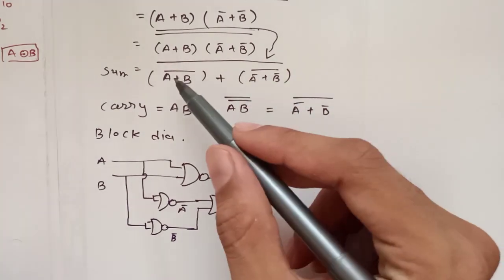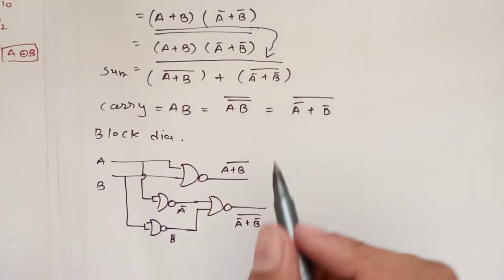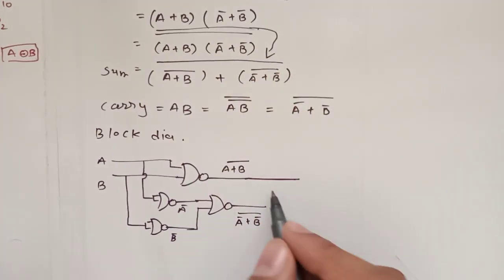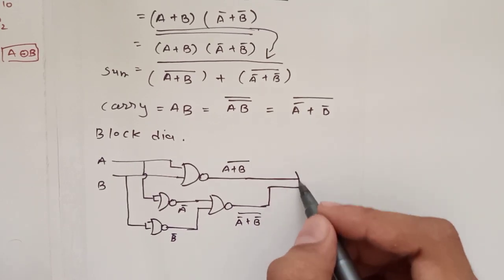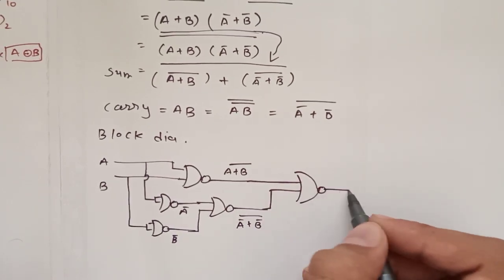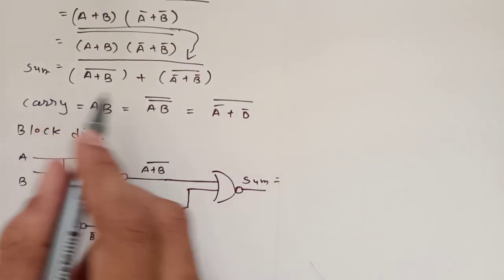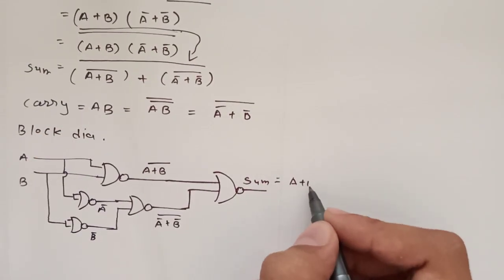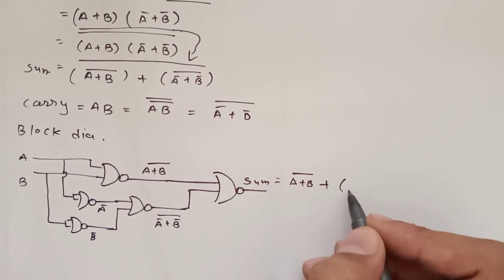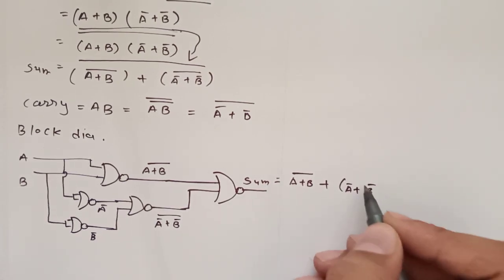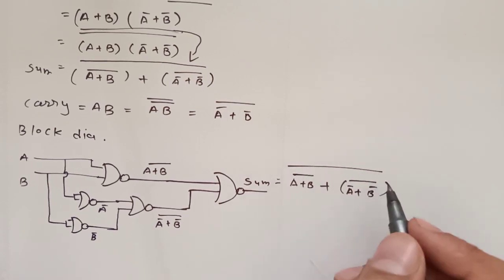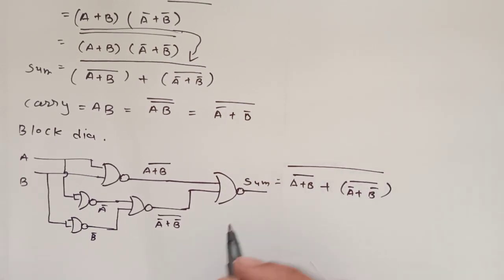Now these two terms are added through one more NOR gate, and directly we get the sum output, that is ((A + B)' + (A' + B')')' full bar. We get the sum output this way.